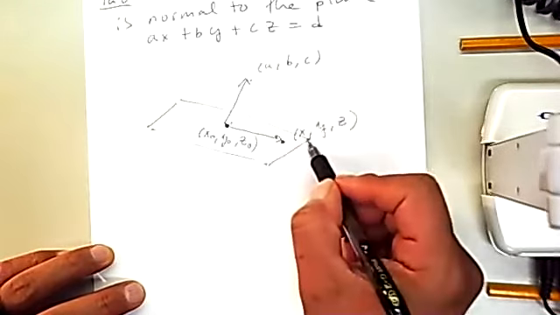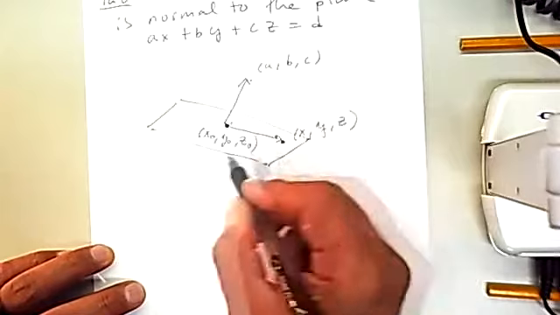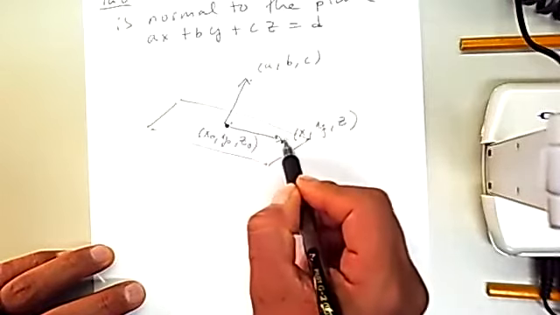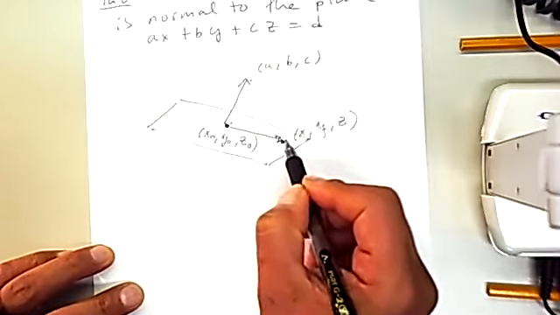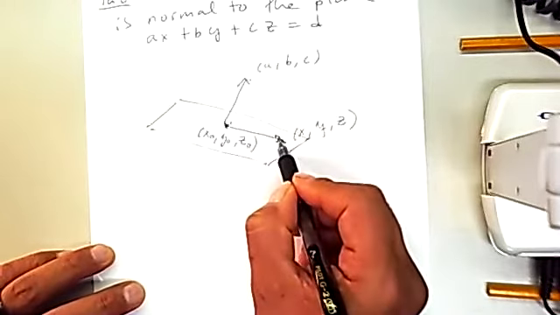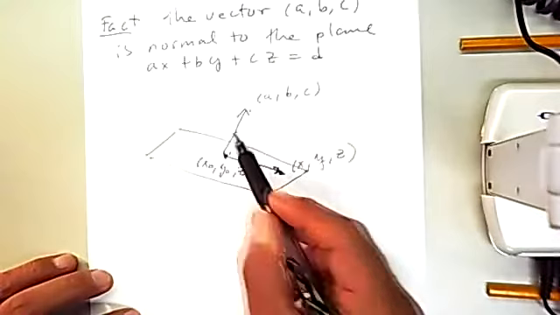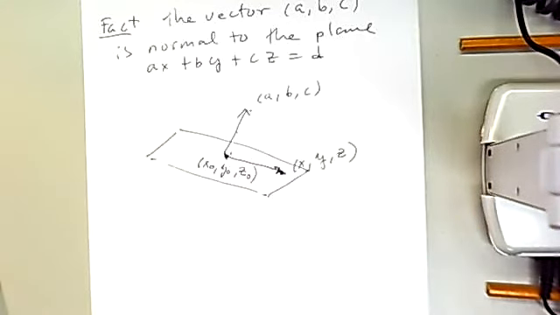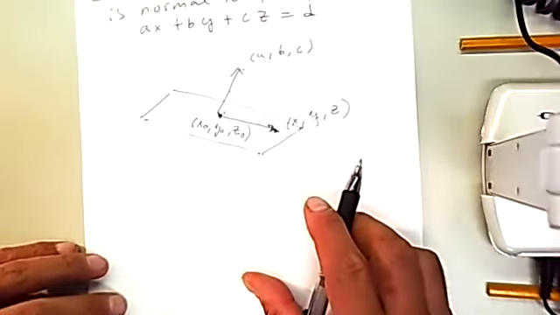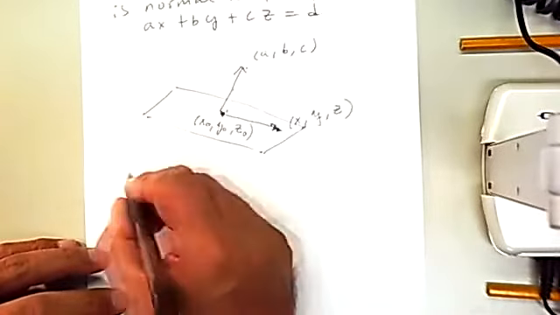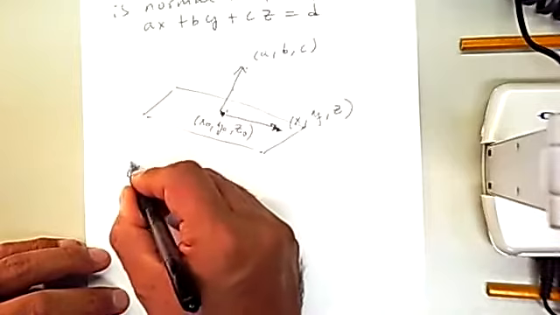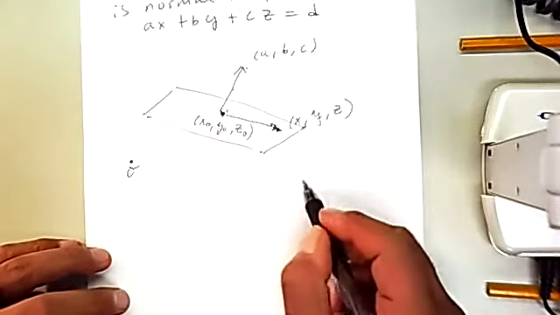Actually, we want to show that the vector from this point to this point, and this point is a generic point on the plane, this vector is perpendicular to ABC. Yeah, because the origin is somewhere else, not necessarily right on the plane.